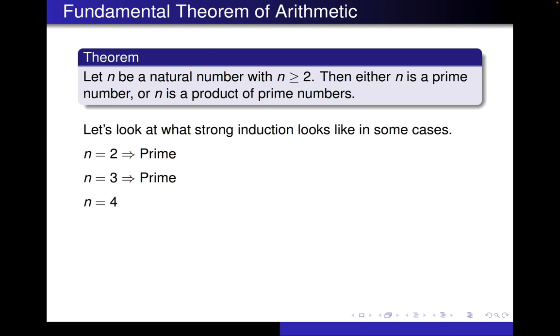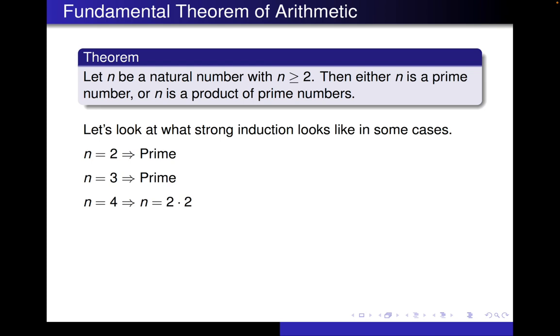Now, n equals 4 is an interesting case. This is interesting for 2 reasons. First of all, it's the first one that's not a prime. And if we want to write it as a product of prime numbers, we have to break it up into 2 times 2. Now, notice that neither of those numbers, 2 or 2, is actually n equals 3. So trying to use n equals 3 to prove that n equals 4 can be written as prime numbers multiplied together is completely useless.